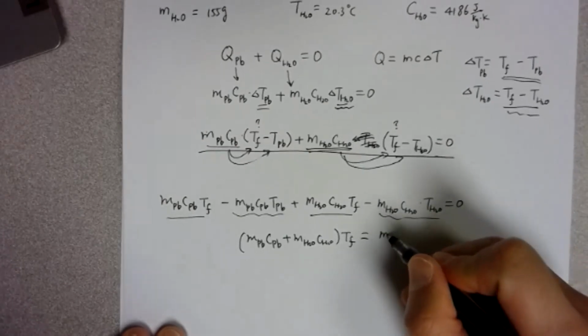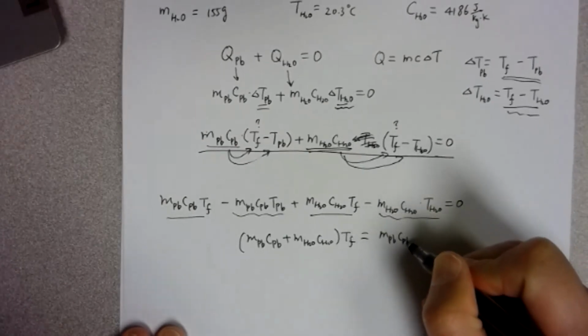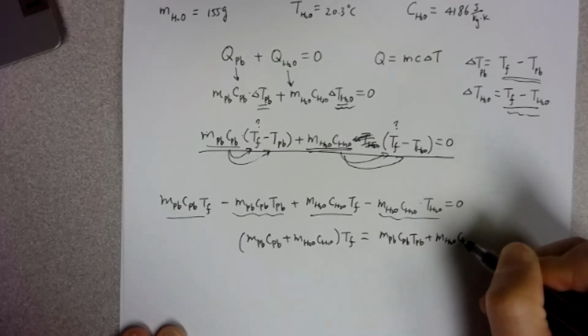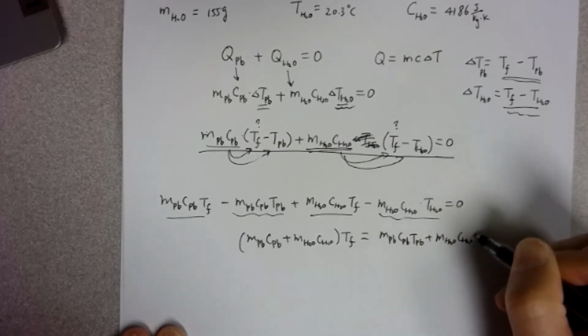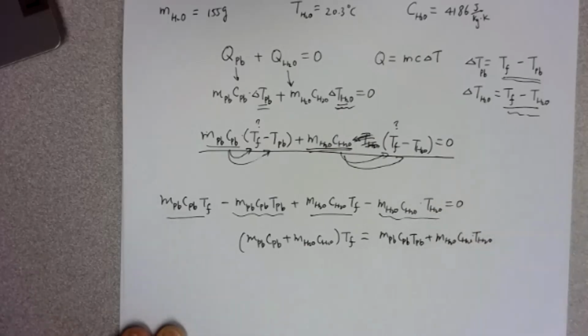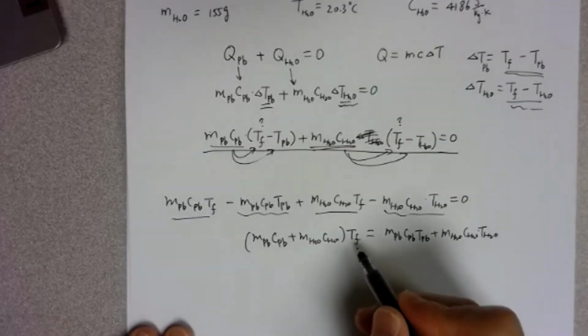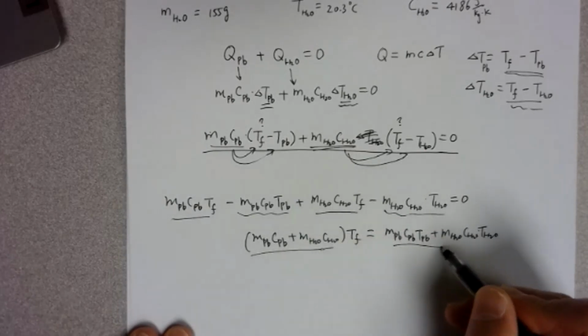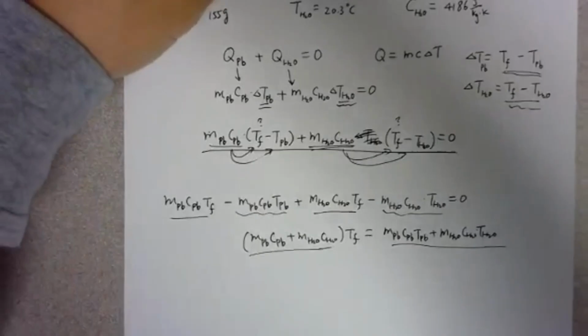So you get MPb, CPb, TPb plus MH2O, CH2O times TH2O. Then solving for TF, you divide both sides by that factor.